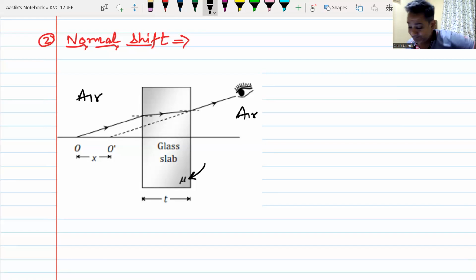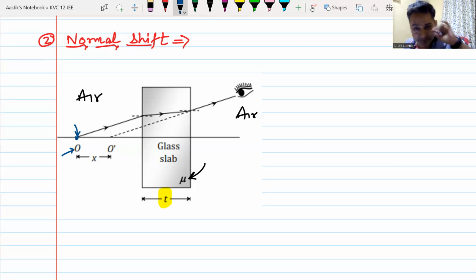Do we understand this? This glass has a thickness T. Now, there is an object placed here at this point. That is the original object.